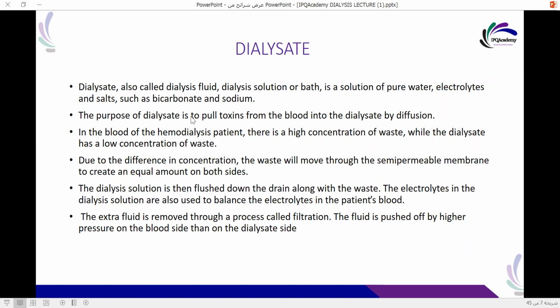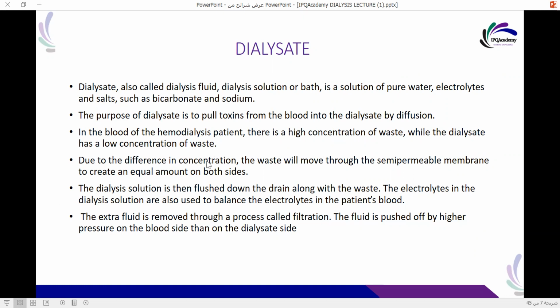The purpose here is to pull the toxins from the blood into the dialysate by diffusion. In the blood of the hemodialysis patient, there is a high concentration of waste, while the dialysate has a low concentration of waste. So the waste will diffuse from the high concentration to the low concentration by a process called diffusion.